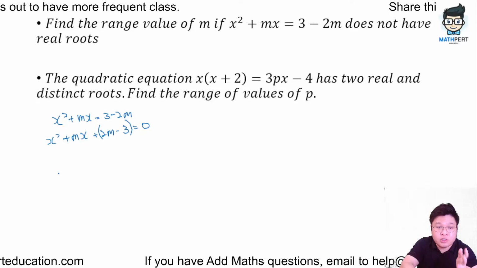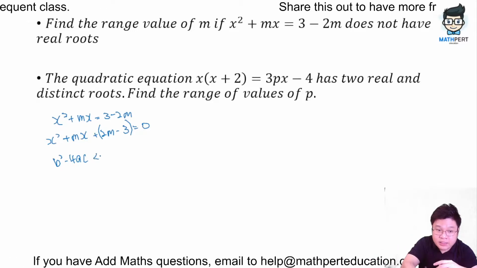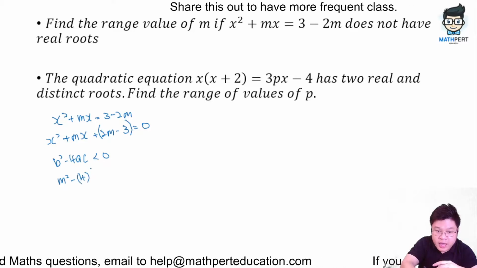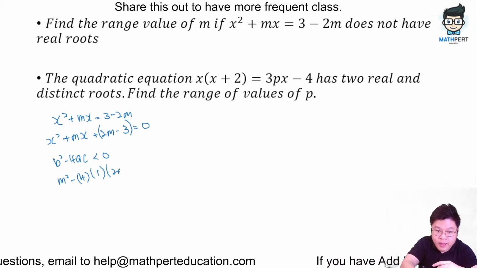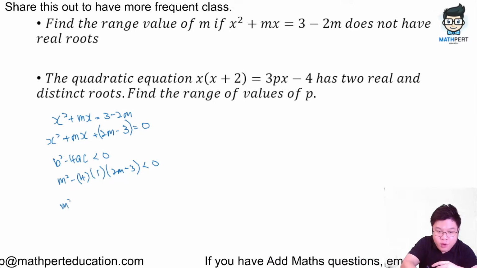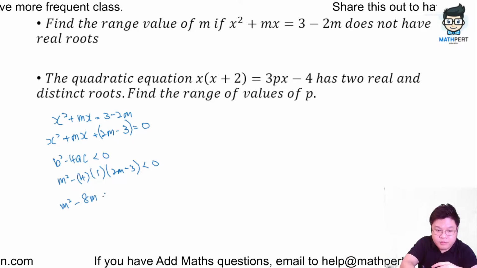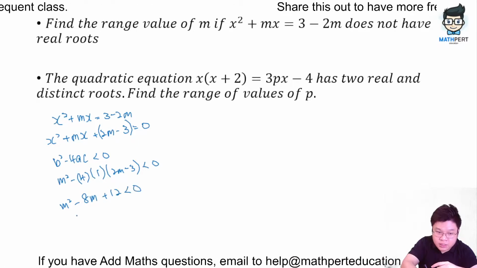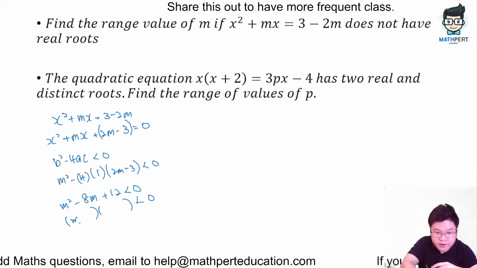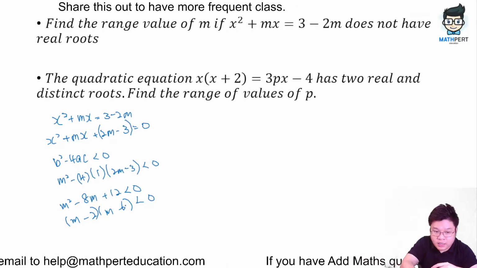Since it does not have real roots, that means b squared minus 4ac is less than 0. b squared will be m squared, minus 4, a will be 1, c will be 2m minus 3, less than 0. m squared minus 8m plus 12 less than 0. Then we factorize.